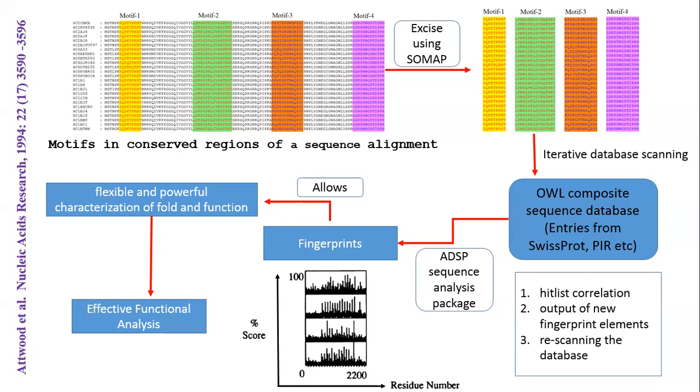So all in all, you can create a scenario in which, in order to perform a certain function by a given set of proteins, there are certain motifs or small local regions that are necessarily present in that family of proteins.